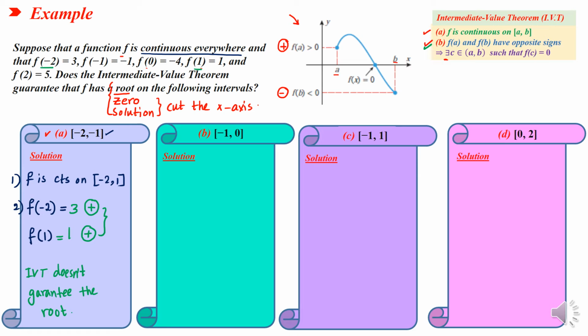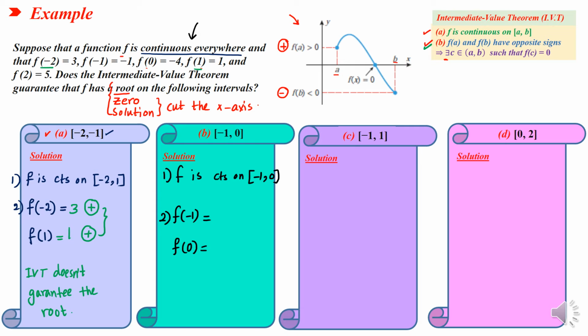Now in part B, with the same steps. Firstly, the function f is continuous everywhere from the question. Since it's continuous everywhere, it is continuous on any closed interval. So f is continuous on the closed interval from -1 to 0. Secondly, you have to check the sign of f of -1 and f of 0.